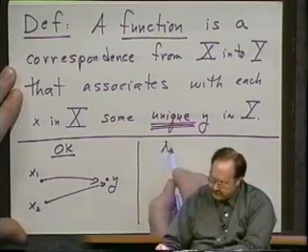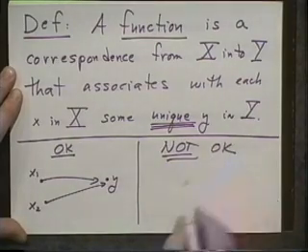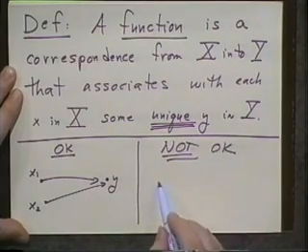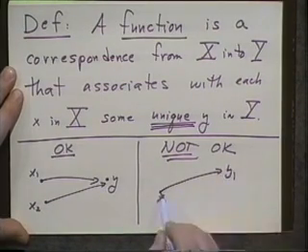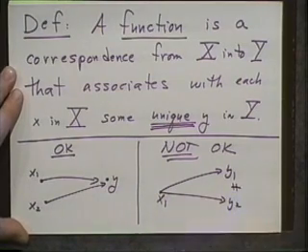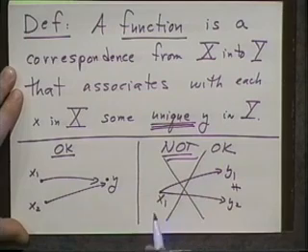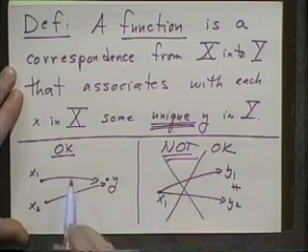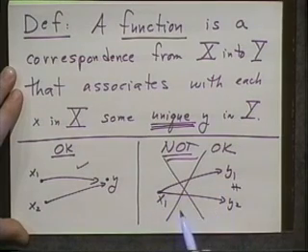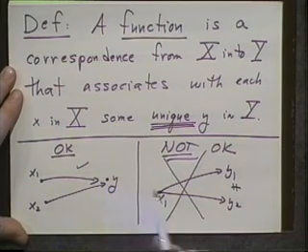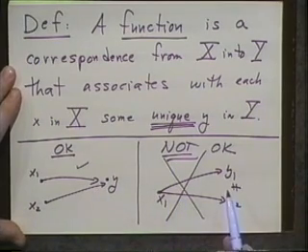What is not okay is the other arrangement, where you have a single x, say x1 again, going to two different y values, where these are not the same. This cannot happen if you have a function. We want function to mean this, or this one going to one and this one going to another one, but never this. And of course, we don't want x1 to go to 3 places or 4 or any of that. Another way that people often say this is many to 1, and this would be 1 to many. So many to 1 is okay, but 1 to many is not.